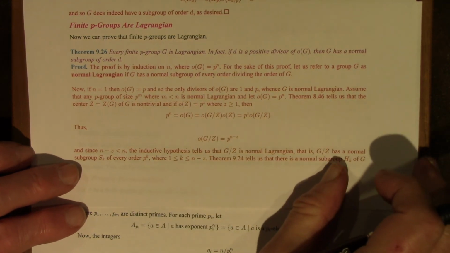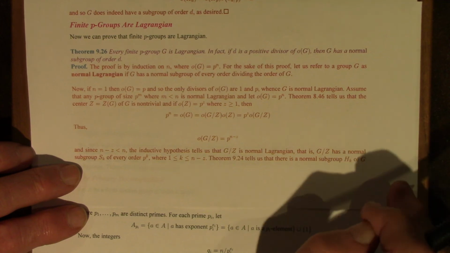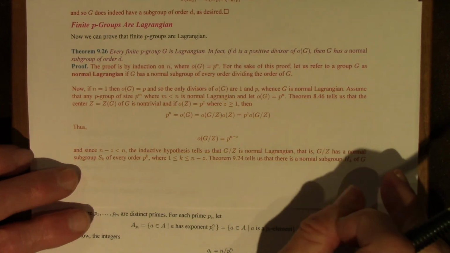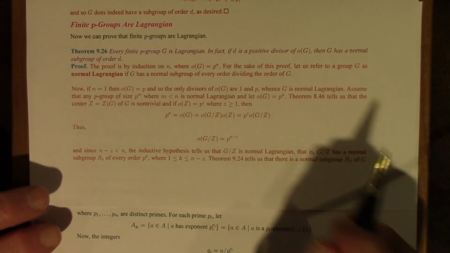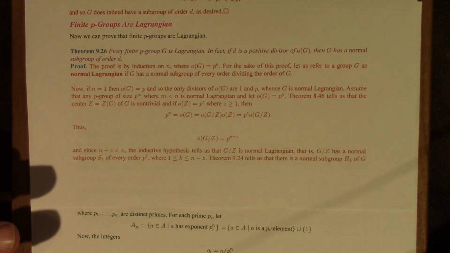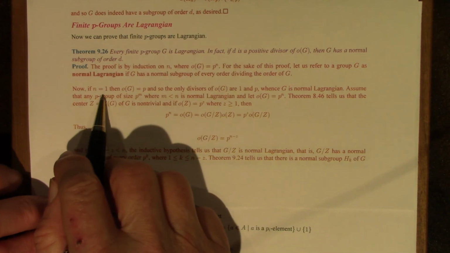The only divisors of the order of G are 1 and P, and G certainly has a normal subgroup of order 1, the trivial subgroup, and the full group is the normal subgroup of order P. So G is normal Lagrangian when n is 1.